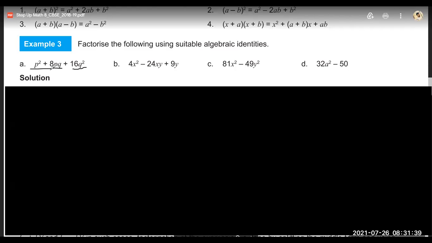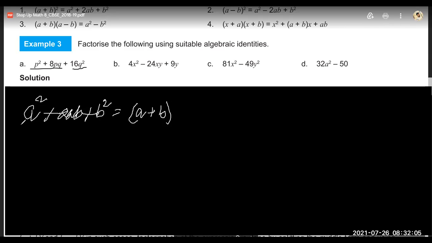P square plus 8PQ plus 16Q square. If you carefully observe this, it involves one of the 4 identities. Which identity does it look like? It is like a square plus 2ab plus b square, which is equal to a plus b whole square.